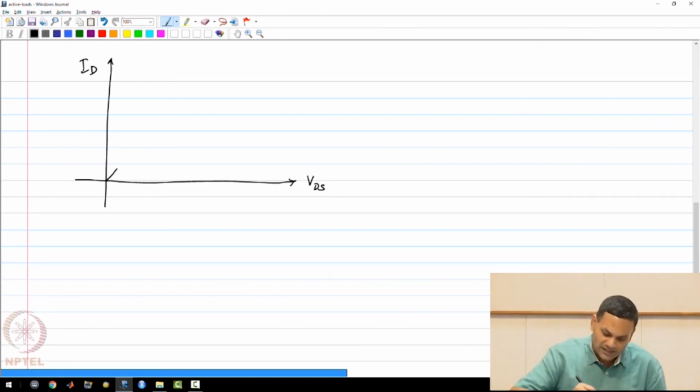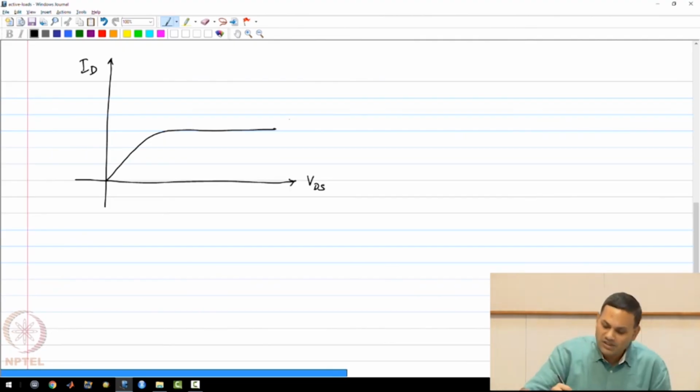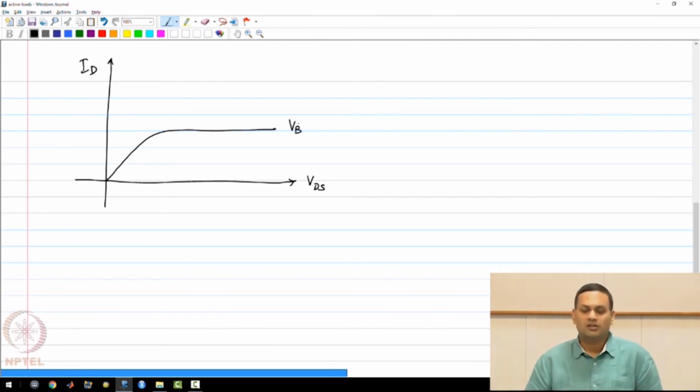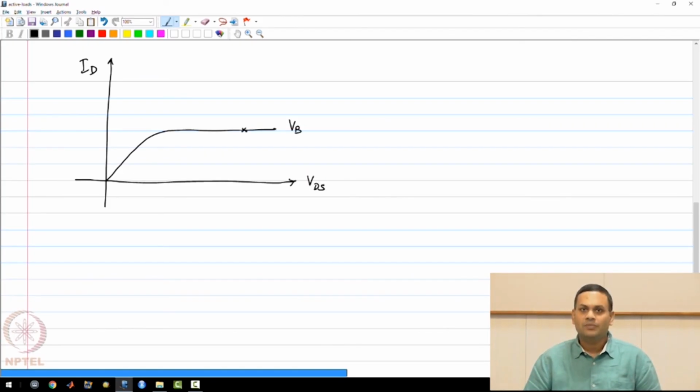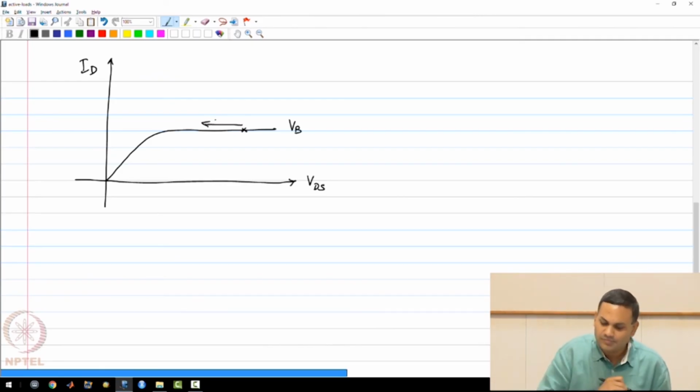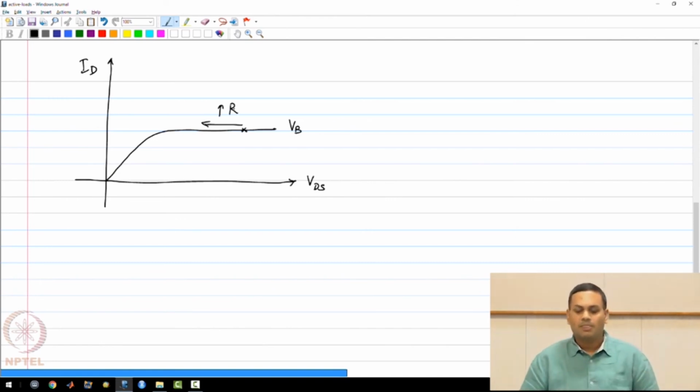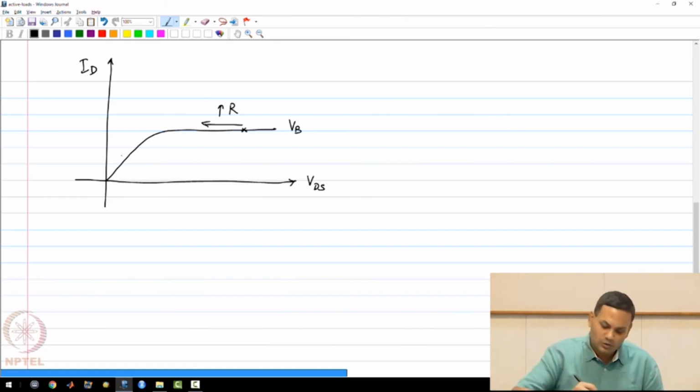So we know that for a particular VB, the ID versus VDS plot looks like this, and initially I might have been biased somewhere here, VDD minus I naught RD, but now if I increase R for the same VB, I will move closer and closer to the triode. Let's say this was the triode boundary. I will move closer and closer to the triode boundary, which I do not want to do.